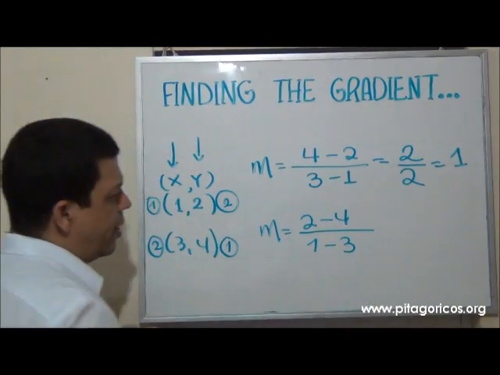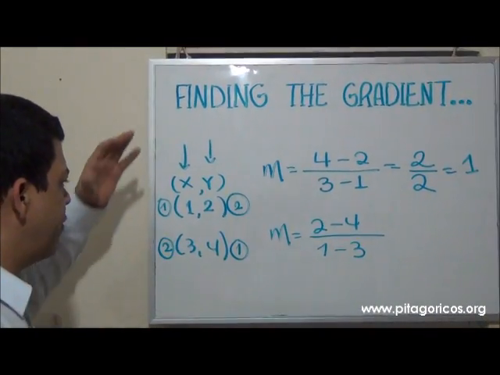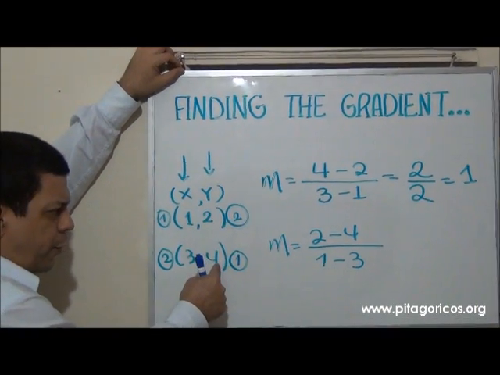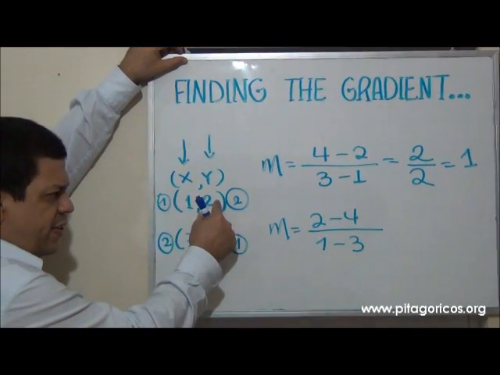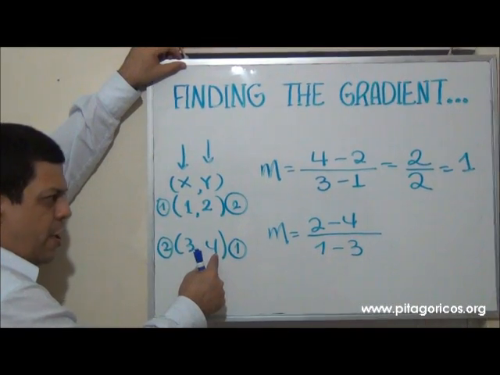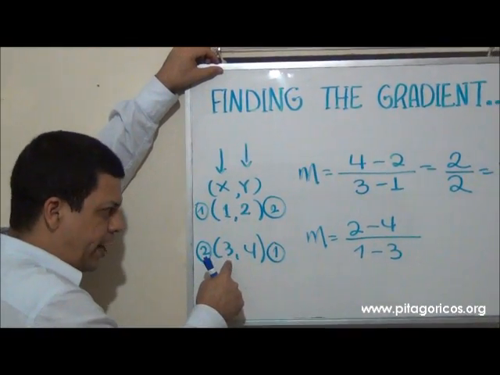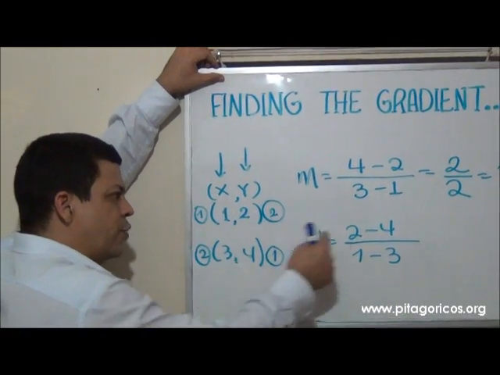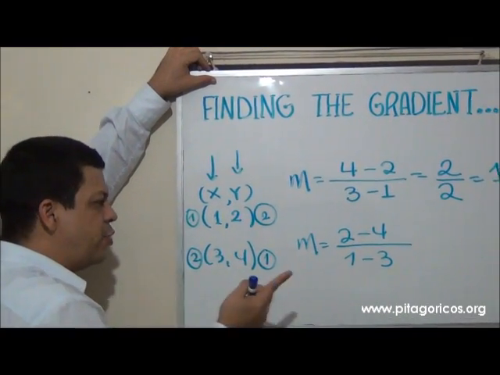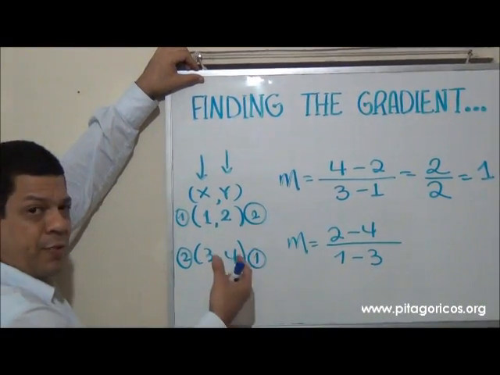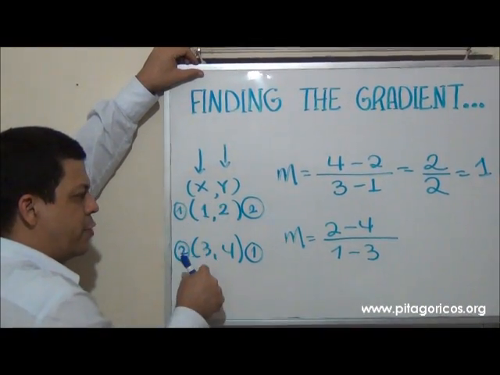And I want to be very clear about this part. When you say 2 minus 4, the order that you're doing is this first and then this second. For the x coordinate, you have to keep that same order, 1 minus 3. If you put 2 minus 4 on the numerator, then it's incorrect to put on the denominator 3 minus 1, because the order has to be the same. That is 1 minus 3.